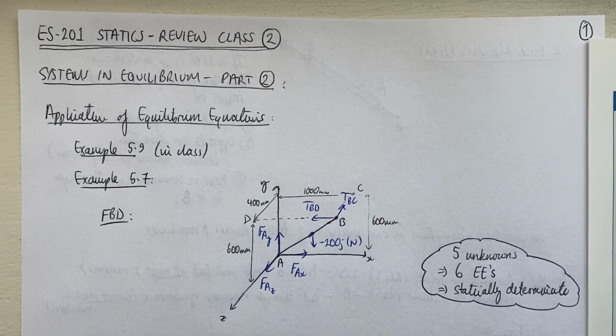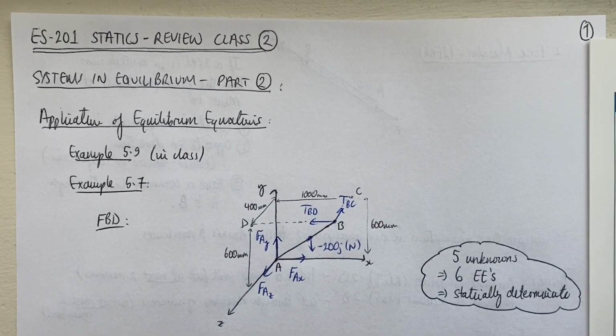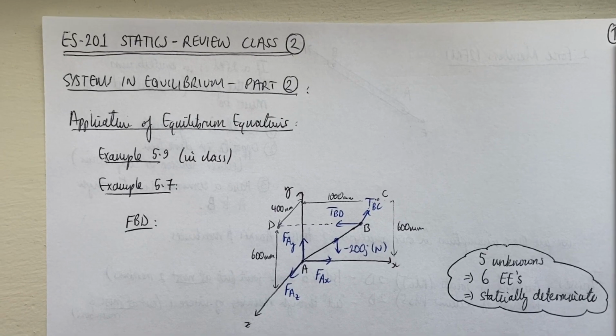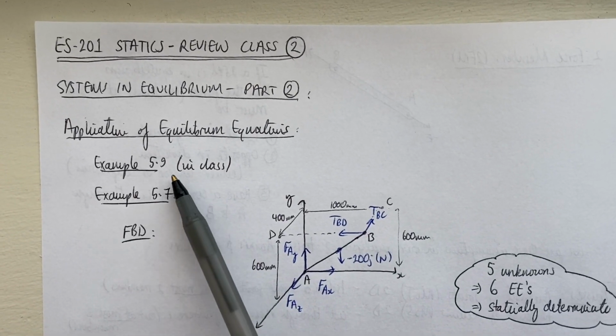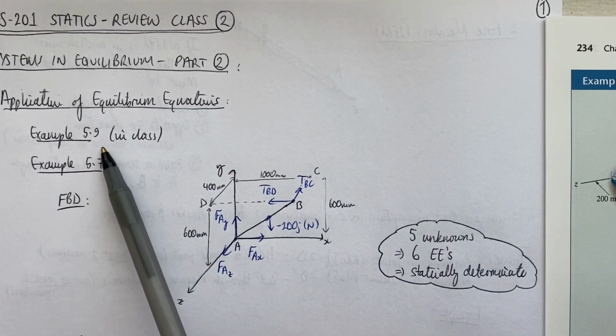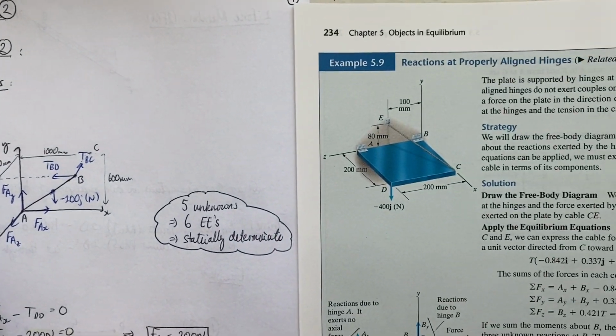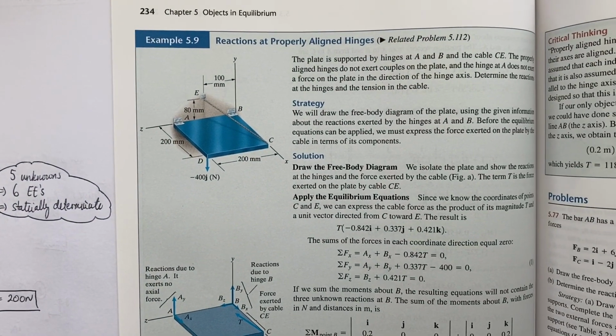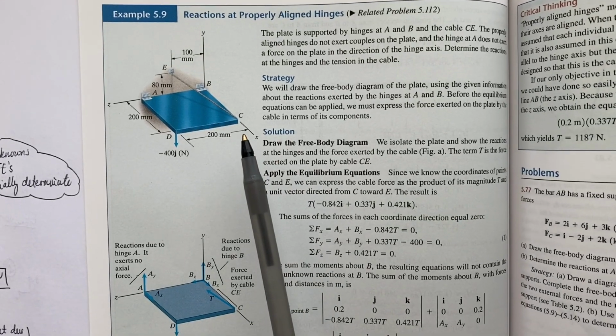So if you'd like to go back and have a look in your notes, we did an example similar to this to do with hinges. That was example 5.9 from the textbook. We did this in class. We went through this.